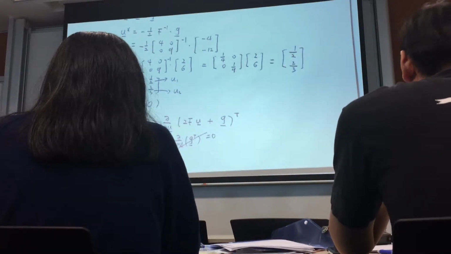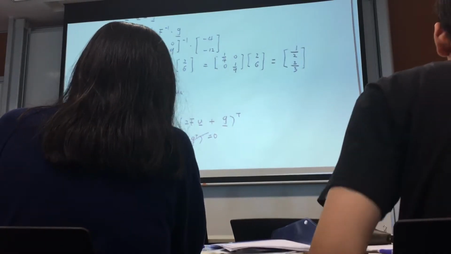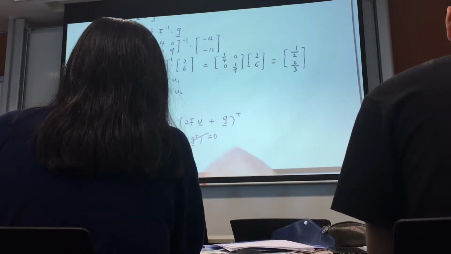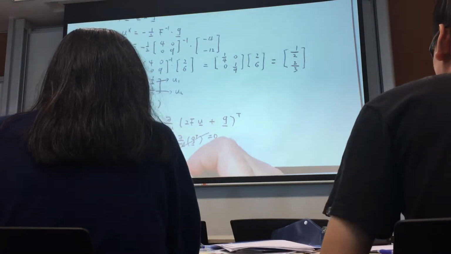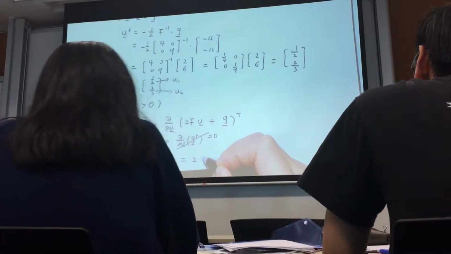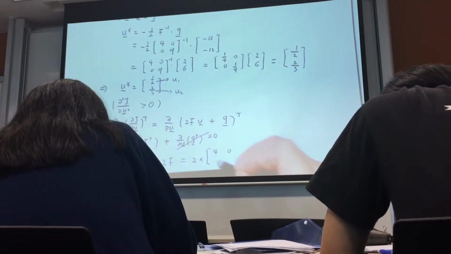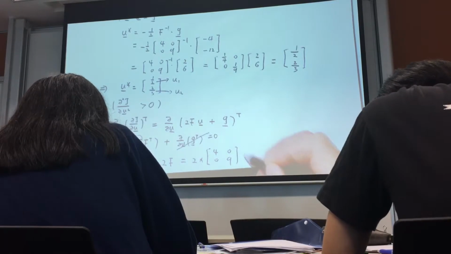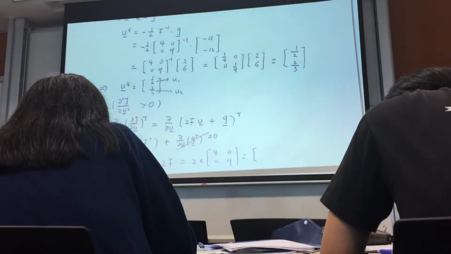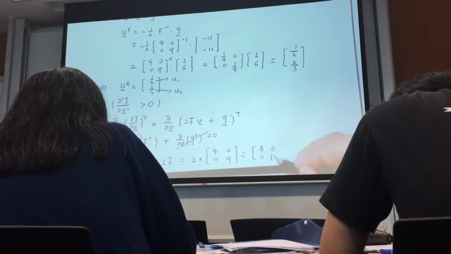But we know F transpose is just equal to F. So this is equal to 2F. So 2 multiplied by F is [[4,0],[0,9]] times 2, so we get [[8,0],[0,18]].